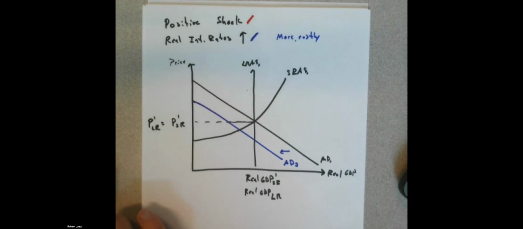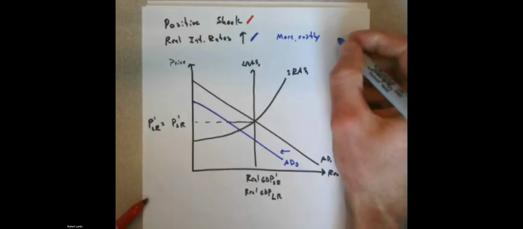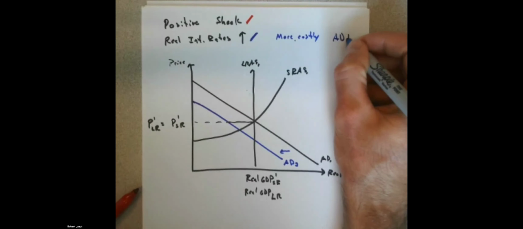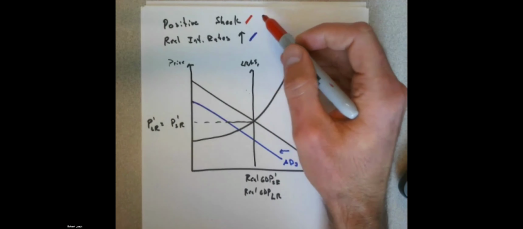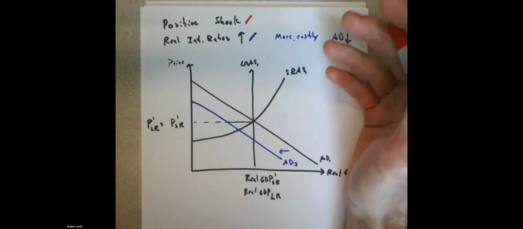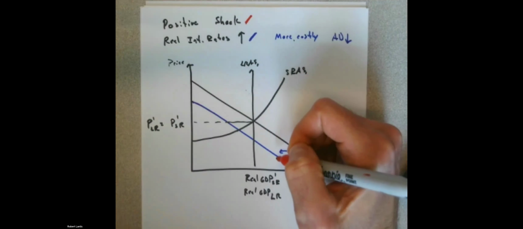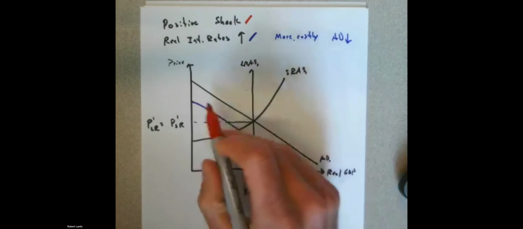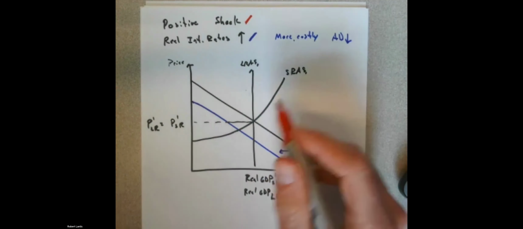But if at the same time I see a positive shock to my economy, what is that going to do? Well, here we had an aggregate demand decrease. A positive shock would essentially lower my current input prices or my current cost of production, which would mean that to get the same level of output, I would require a lower price, or at the same price of the good, I would now be willing to supply more to the market.